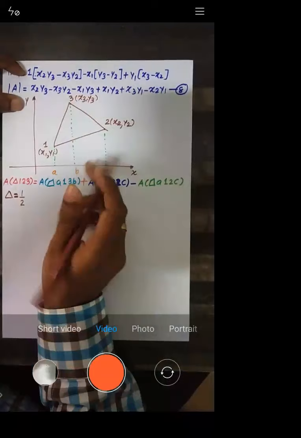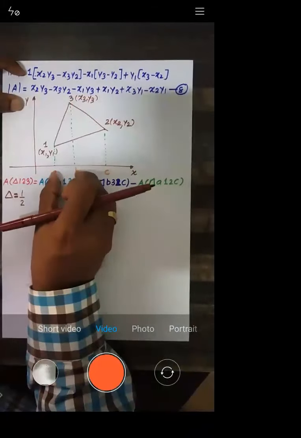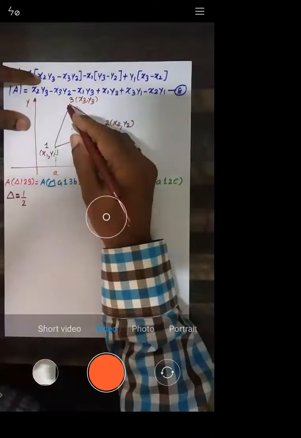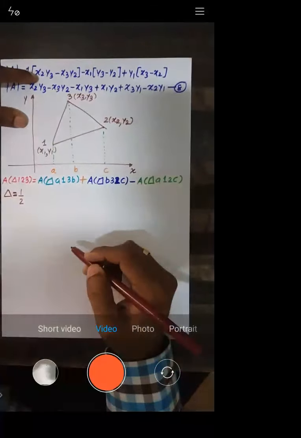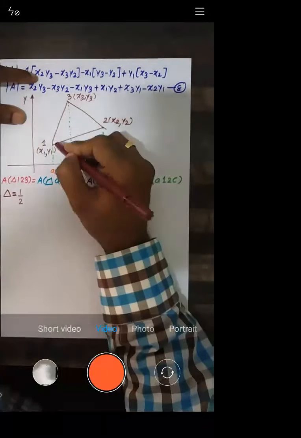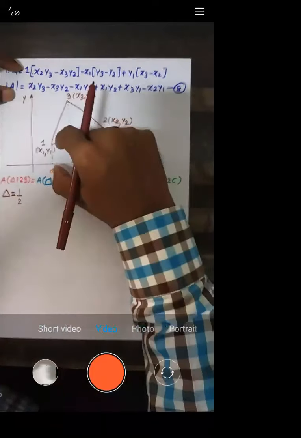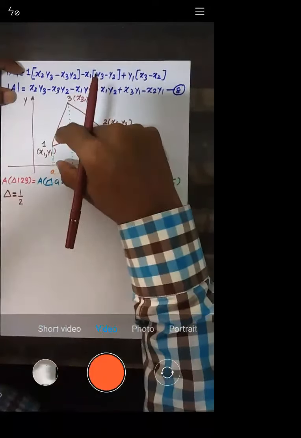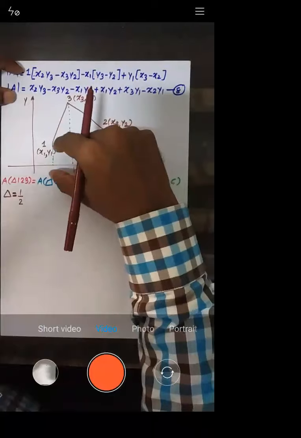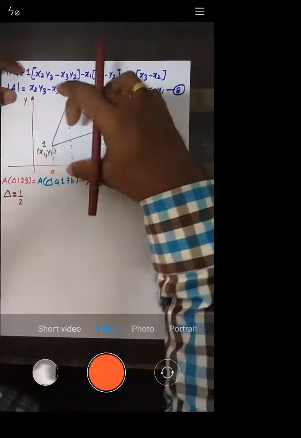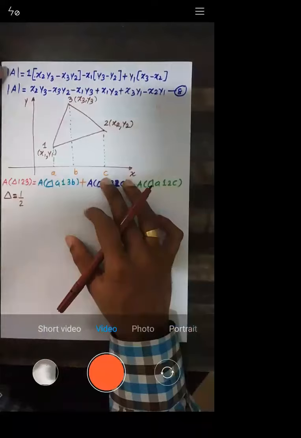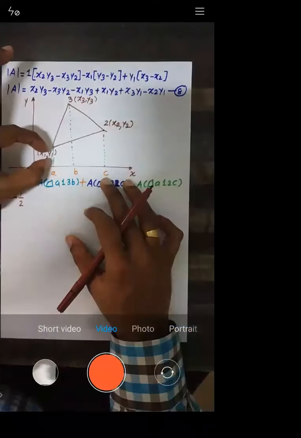Breadth is AB. If you see this shape, breadth is this, and for height we don't have the exact height because this is one height and this is one more height. So we will just take the average. Here height is y1 and here height is y3.